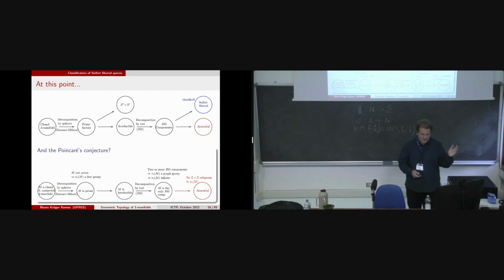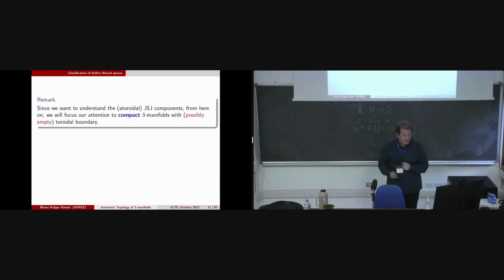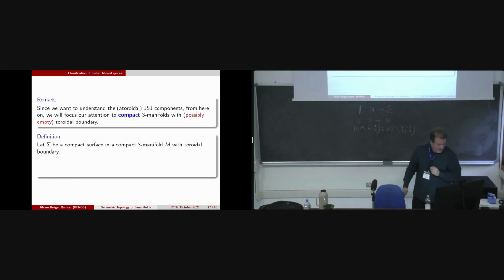These toroidal components will have non-empty boundary unless they are already irreducible closed manifolds, in which case the JSJ decomposition would be trivial. You wouldn't have any tori, and then you are already closed. So most of the time, these components will actually have boundary.